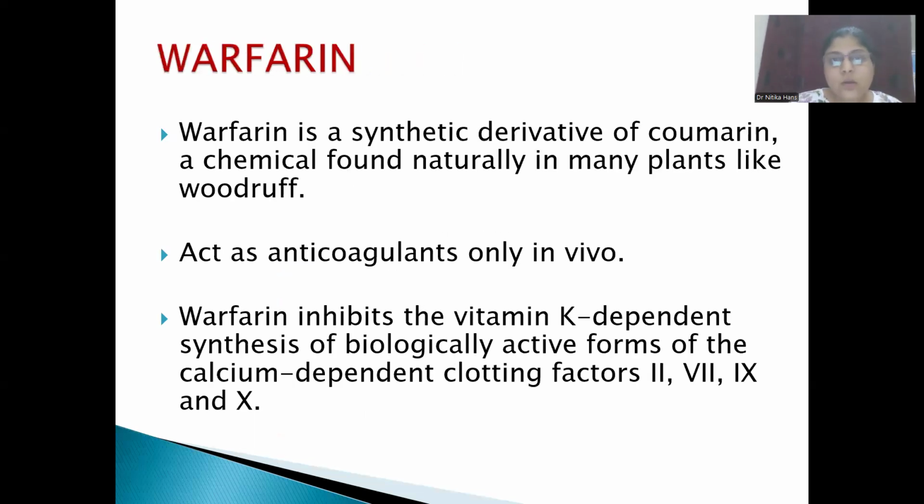First of all, warfarin is the synthetic derivative of coumarin, a chemical found naturally in plants like woodruff.